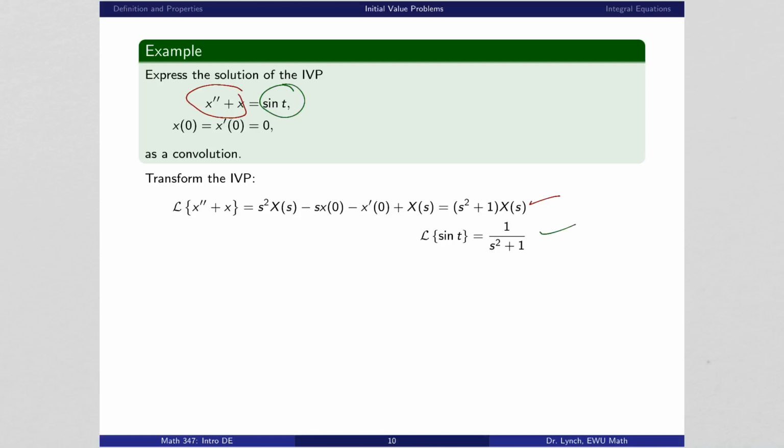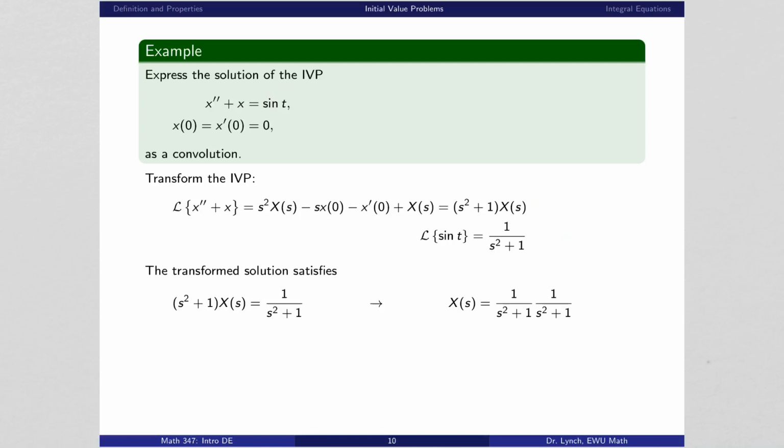Okay, so if the differential equation is x double prime plus x is sine of t, the transforms of those two must be equal, and it's quick to solve for the transform of the unknown function, which we see in this case is a product of the transform of sine and the transform of sine. So we can go ahead then and express the solution of this as a convolution of sine with itself, right? So here's the convolution theorem applied to these two transforms of sine. The solution is the integral from 0 to t of sine of t minus tau, sine of tau d tau.